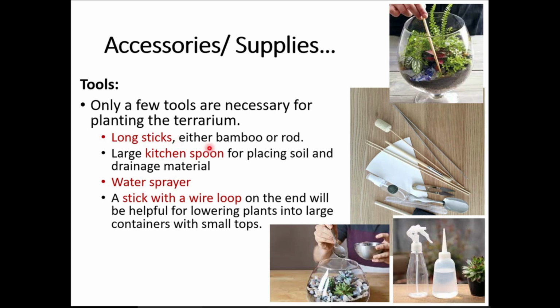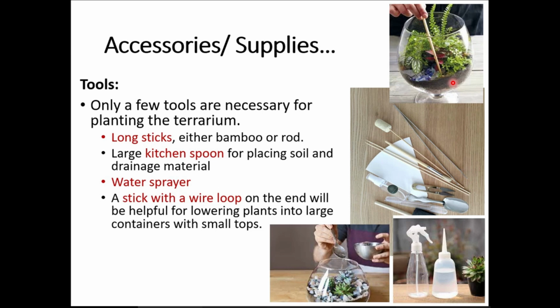We need a long stick, either bamboo or a rod, or any long chopsticks, because you have to press, make a hole, and plant after putting in the gravel and other soil. It starts from inside to outside, so once you start placing layers and planting, you can't disturb them. Your hand will not go inside, and it would disturb things. That's why you use many tools.